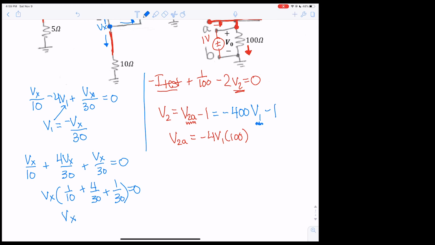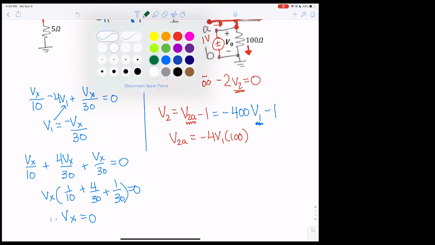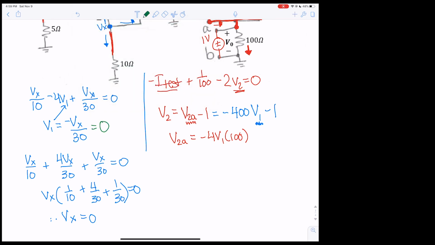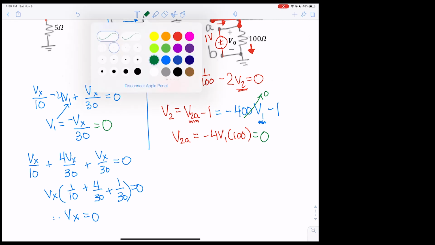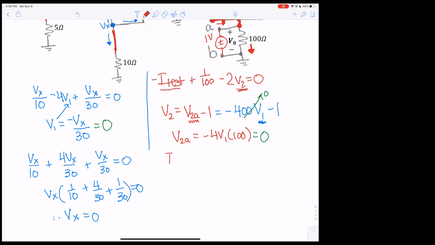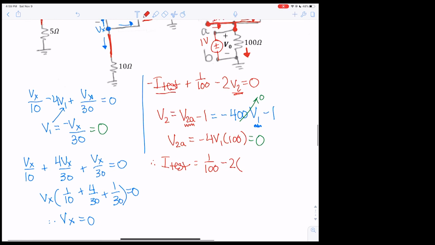So therefore, Vx equals 0, which means that V1 has got to be 0, which means that V2A is 0, which means that this becomes a 0. And my I test now is going to be a 1 over 100 minus 2, and V2 now is just the minus 1, so a minus 1.